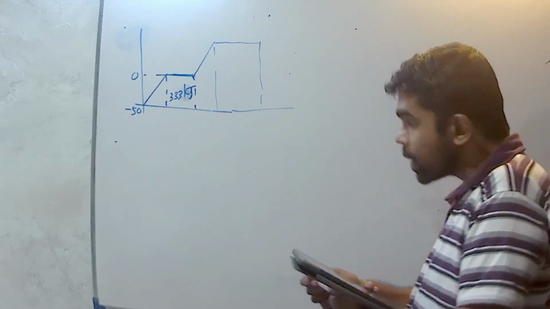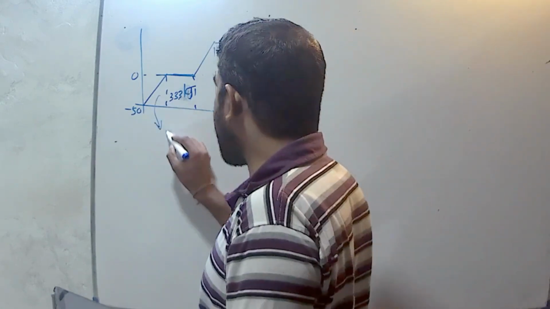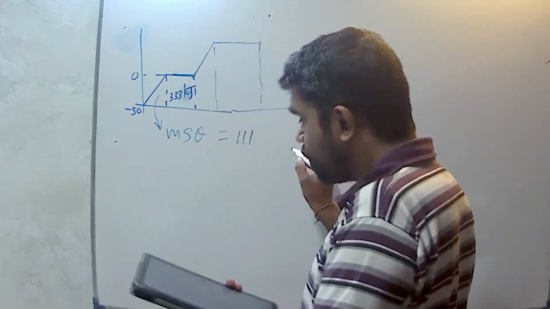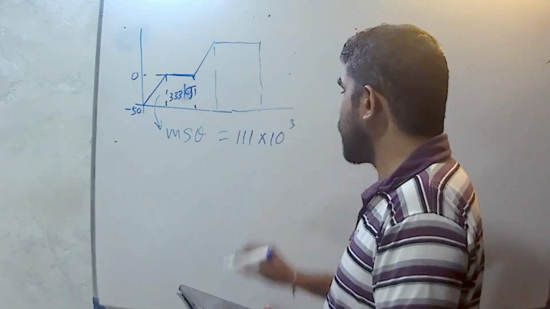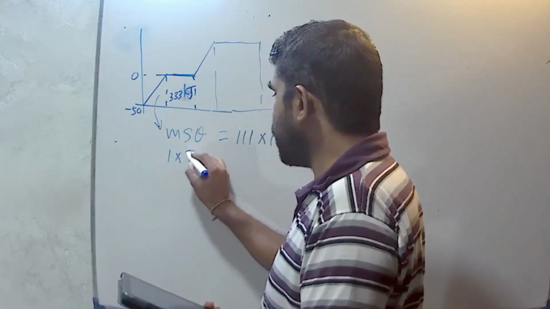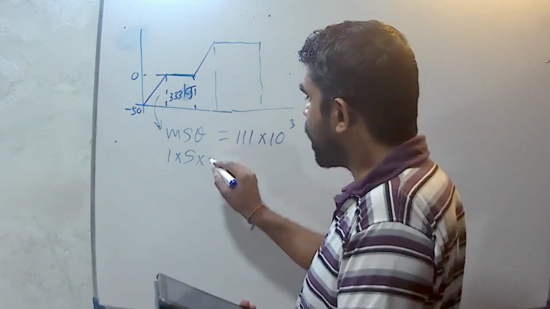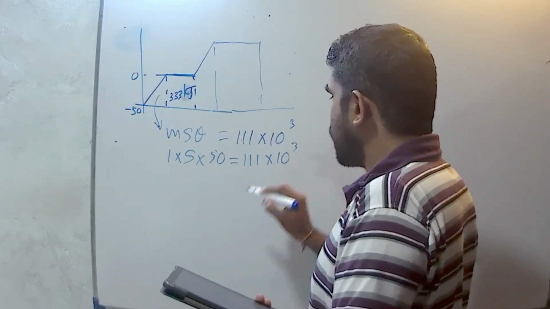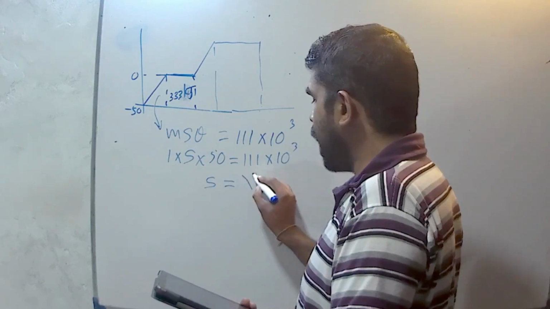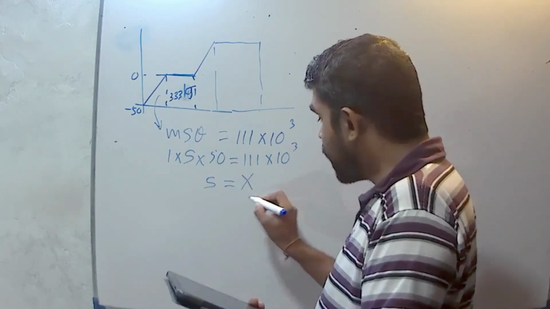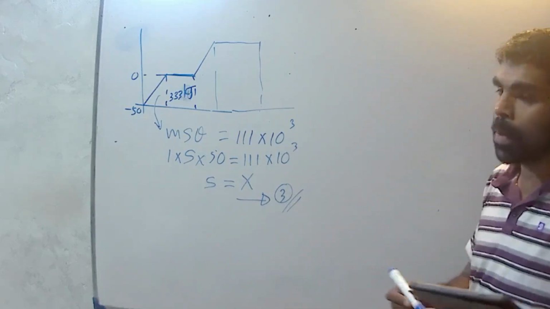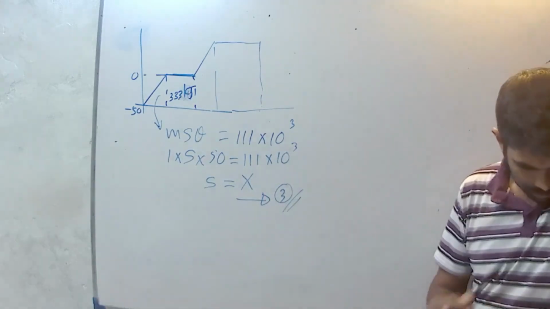No, it is false. For this part, we get ms theta is 111 kilojoules, 10 to the power 3. Mass is 1 kilogram, we have to find the S value. The temperature difference is 50. Then the S value is not the given value. Therefore, statement C is the incorrect statement. We have to find the incorrect statement, so it is C.